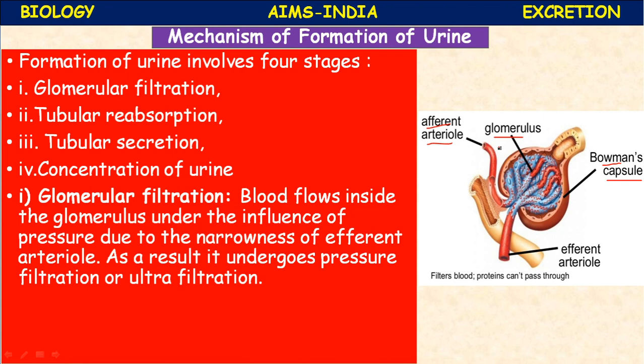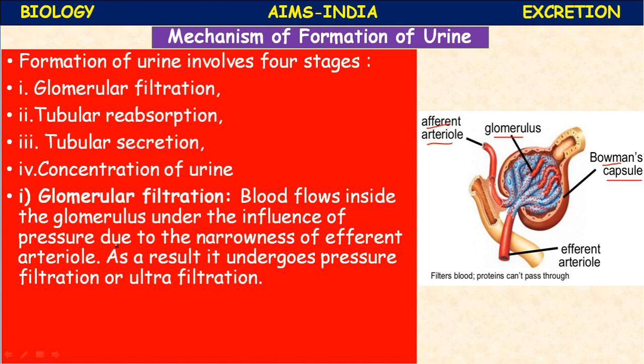Okay, observe the figure. And glomerular filtration in the nephron takes place here. The glomerular filtration takes place in this glomerulus. What is glomerulus? It is the network of capillaries formed by efferent arteriole.